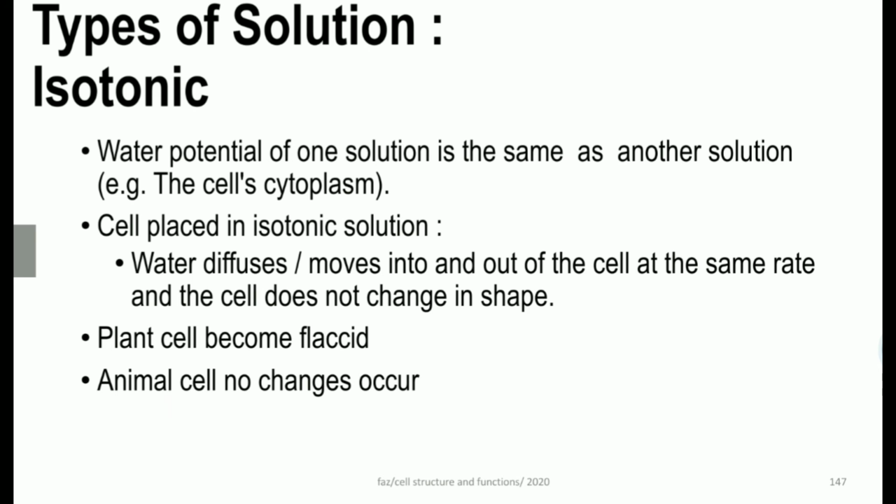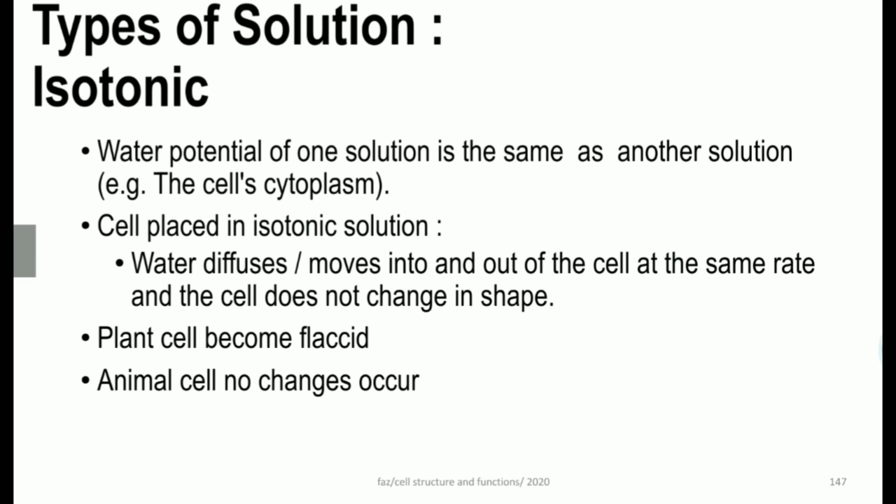The third type of solution is isotonic, where the water potential of one solution is the same as another solution. When the cell is placed in an isotonic solution, water still diffuses into and out of the cell at the same rate, and the cell does not change in shape.